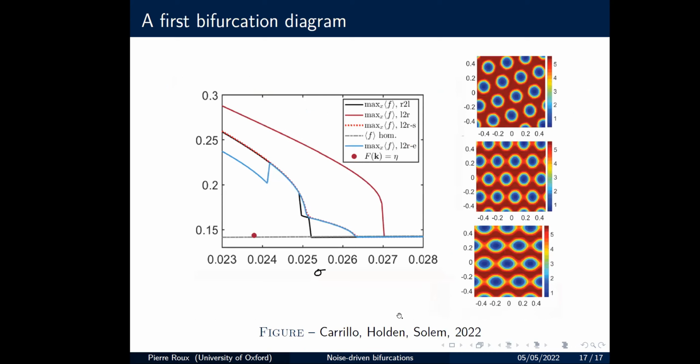And I will finish with this more complex numerical bifurcation analysis in the paper by Carrillo, Holden, and Solem, where you can see that probably the phase transition here, the first one, is discontinuous. The red dot on the horizontal line is the loss of linear stability, which coincides with the first bifurcation.